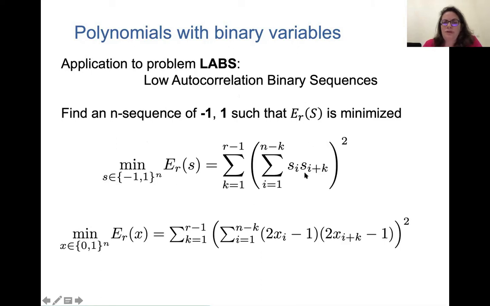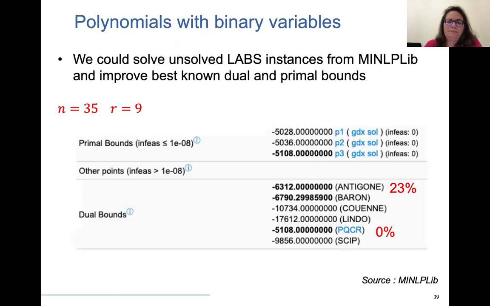And this is a quadratic function with -1, +1 that we can reformulate with binary variables, obtaining this polynomial of degree 4. And we obtained very good results on the benchmark instances of this problem.